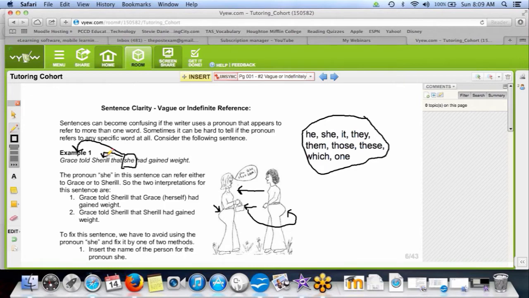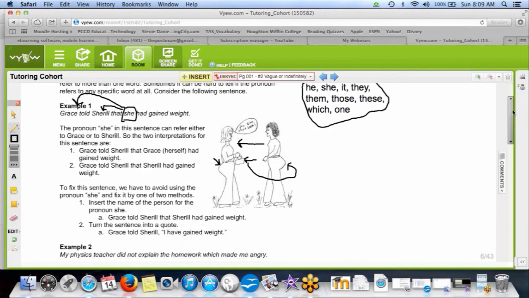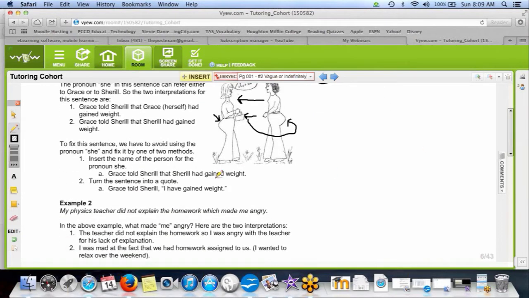So what's the answer going to look like on the test? So we know that this is the problem sentence. Well, what's the answer going to look like? There are a couple of ways that this could be reported as a correct answer. One way is that we just insert the name of the person that's being told or addressed or hurt or hit or whatever. So in A, on the test, you could see Grace told Cheryl that Cheryl had gained weight.